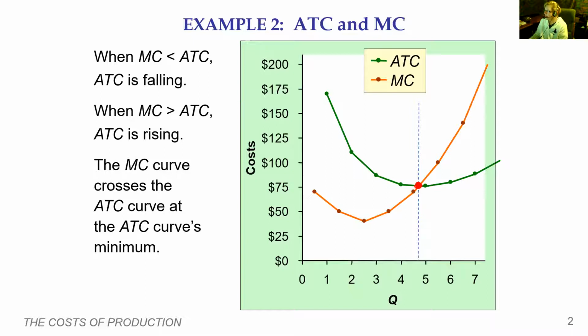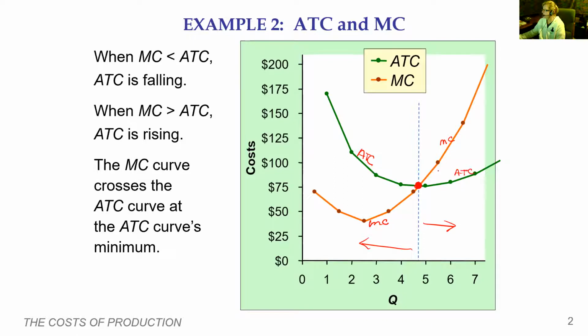So if average total cost is greater than marginal cost, and that's an important point, how can we tell? Well, if average total cost is above, then obviously the green line, which is our average total cost curve, will be above the marginal cost curve. At any quantity less than that, we're going to see that average total cost is falling. That's a good place to be. Past that quantity, anything on this side, we see that the marginal cost curve is greater than the average total cost curve.